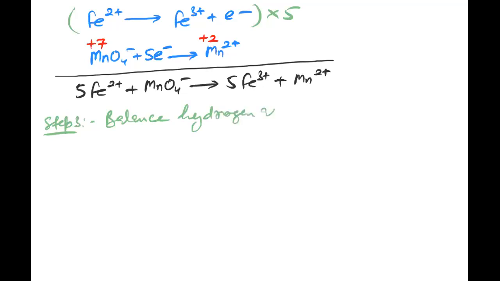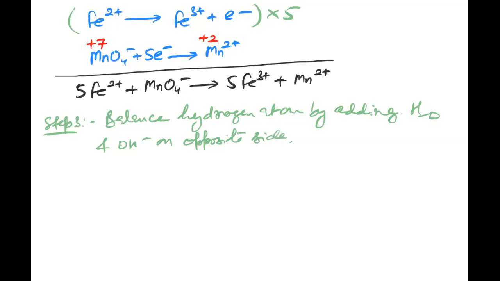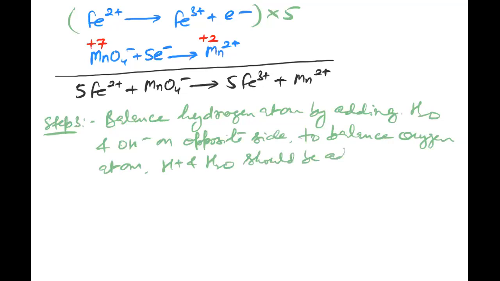Balance hydrogen atoms by adding H2O and OH minus on opposite sides, and to balance oxygen atoms, H plus and H2O should be added.